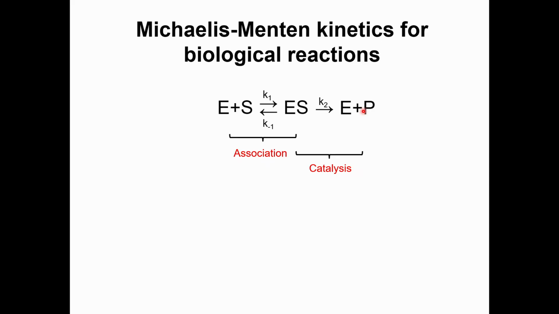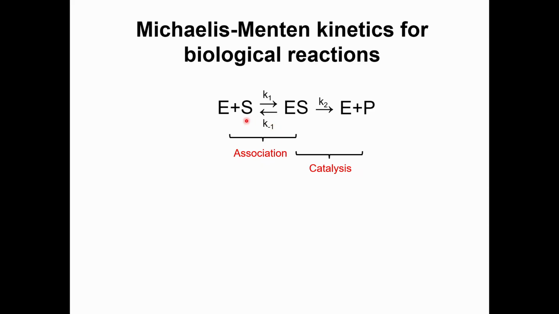Now, it could be taking something apart, putting something together, but those are the steps. So it's a little bit different than, for instance, a ligand or a drug binding to a receptor. There, the only thing that's happening is the first part, association, right? In the case of enzymes, association is only the beginning, and then once the enzyme-substrate complex is formed, some sort of chemical reaction has to occur. So there are rate constants involved. There is K1, which is the association of enzyme and substrate to make this enzyme-substrate complex.